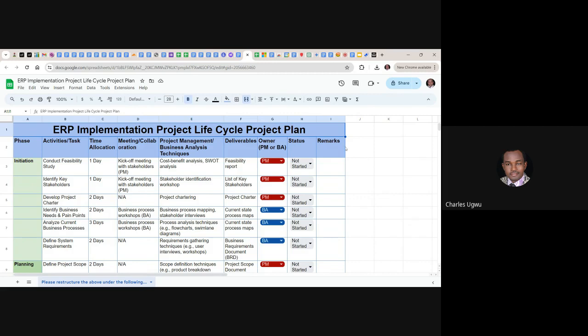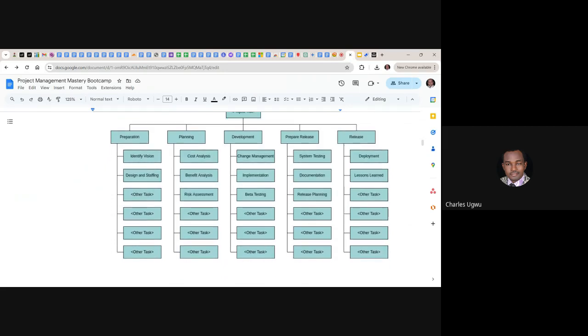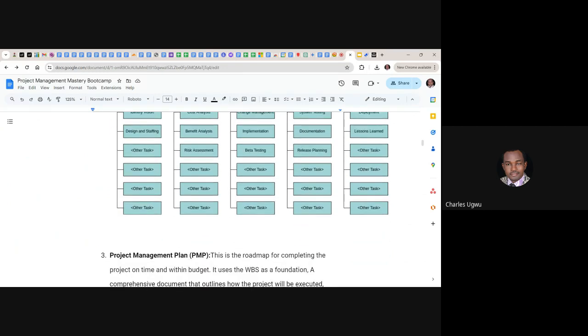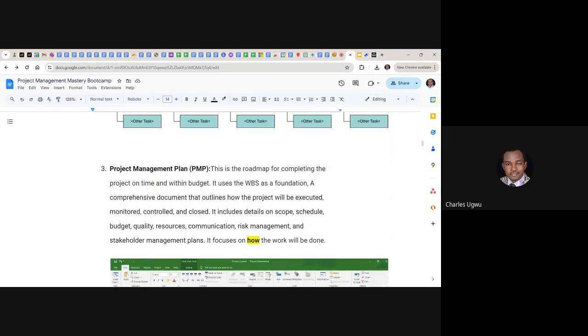So let's go back to our slide. Having understood the breakdown structure, the next thing we need to look at is the project plan.